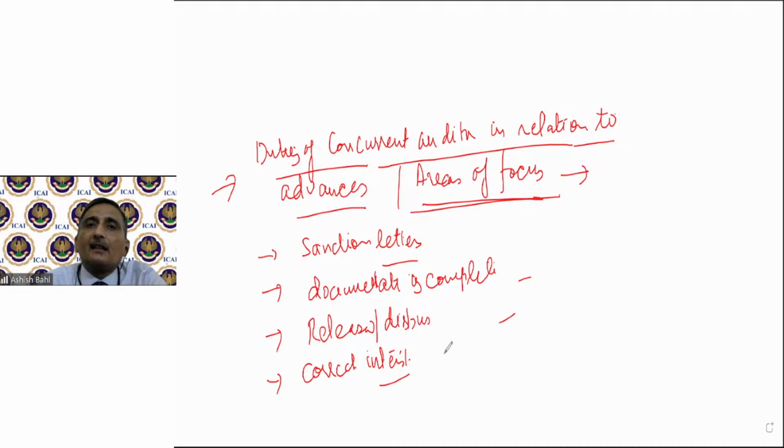He would see that processing fees, which is there to be charged from the borrower in terms of sanction letter, has been collected. This is one of the important revenue leakage areas.